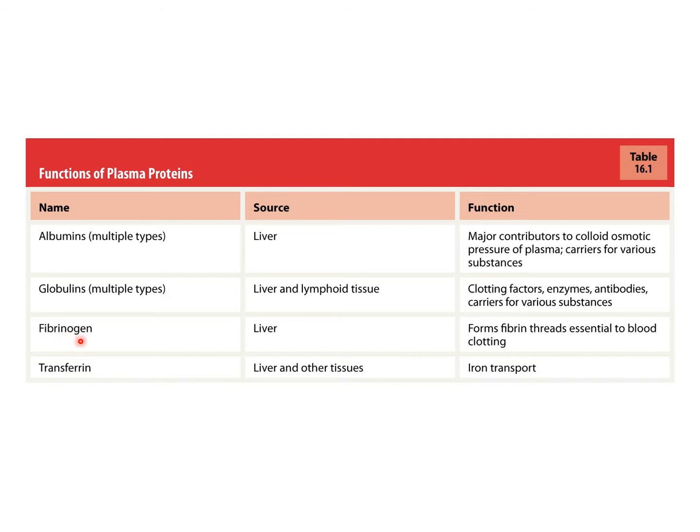We have the precursor to a true clot called fibrinogen. And if you see ogen, it means that it is a precursor of something. You see that suffix on the end of a word, that means precursor. Fibrinogen, plasminogen, and so forth. Precursor to fibrin.